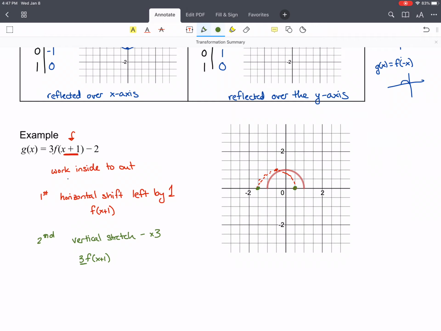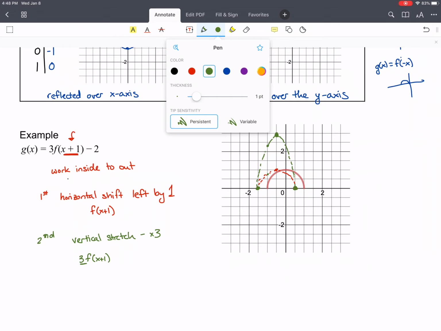The output of 0 stays at 0, but the output of 1 now goes to 3. So my new graph will look like this. Notice I'm keeping these 3 reference points so I can track where they went. And this output here would have tripled if I had wanted to track a different output.